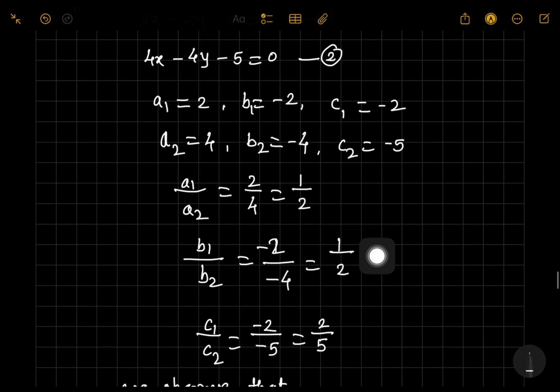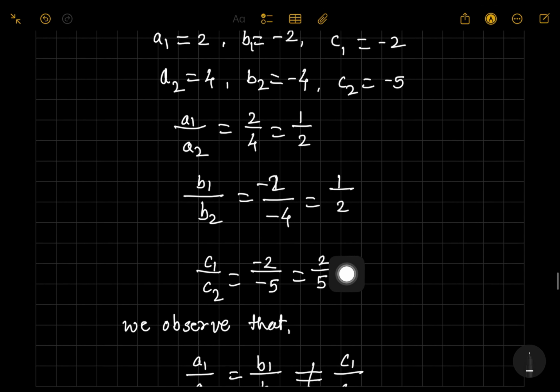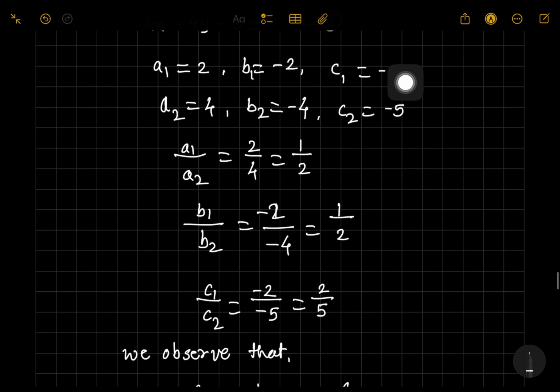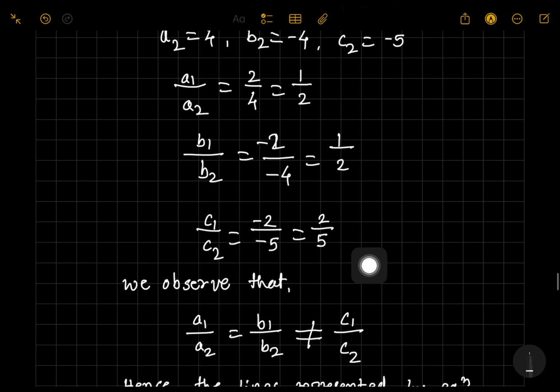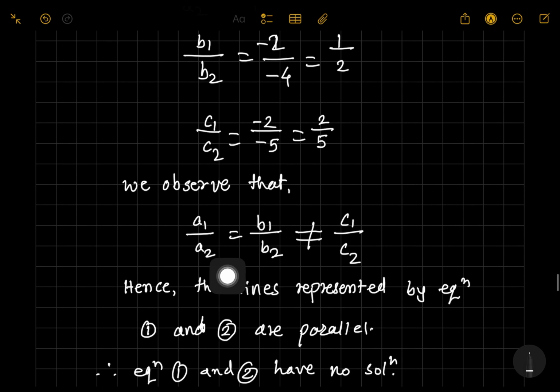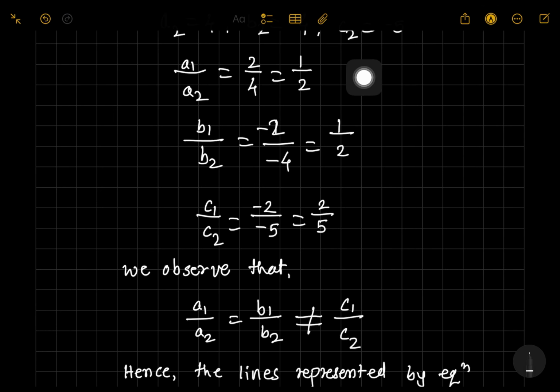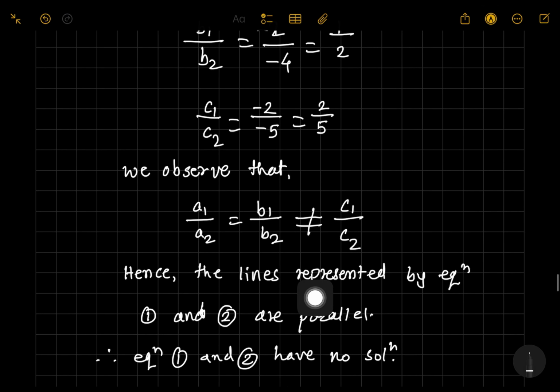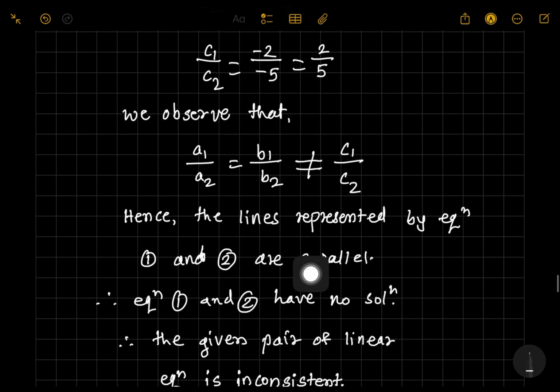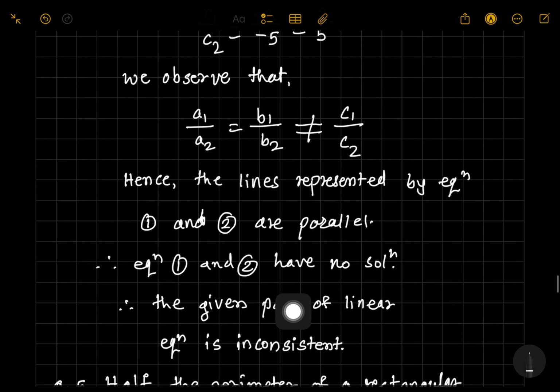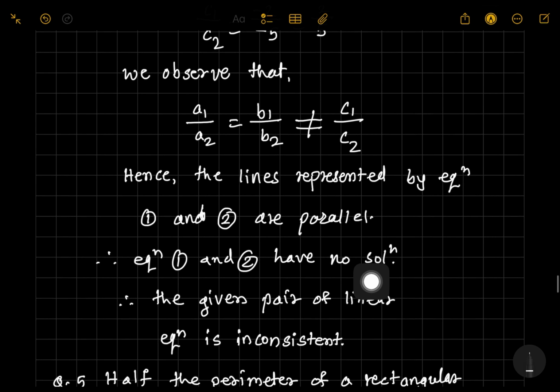Now put these values. 2 upon 4 you are getting 1 upon 2, 1 upon 2, and here C1 upon C2, minus minus becomes plus, so 2 upon 5. We observe that A1 upon A2 equal to B1 upon B2, not equal to C1 upon C2. These two ratios, 1 upon 2 and 1 upon 2, are equal. Hence the lines represented by equations 1 and 2 are parallel. Equations 1 and 2 have no solution.